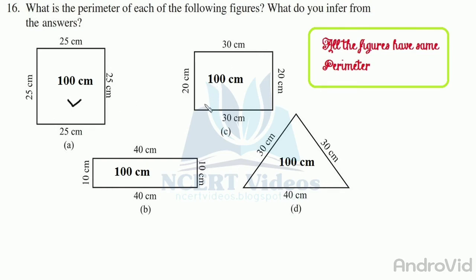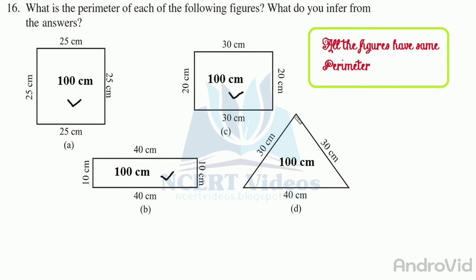Now here you can see it is a rectangle, so you can simply add it. 30 plus 20 gives you 50, 50 plus 30 is 80, 80 plus 20 is again 100 centimeter. Again a rectangle, 10 plus 40 is 50, 50 plus 40 is 90, 90 plus 10 is 100 centimeter.